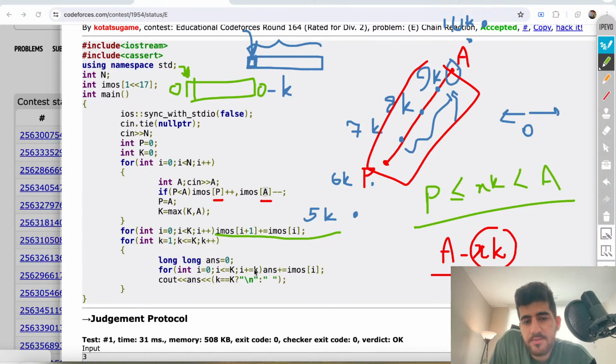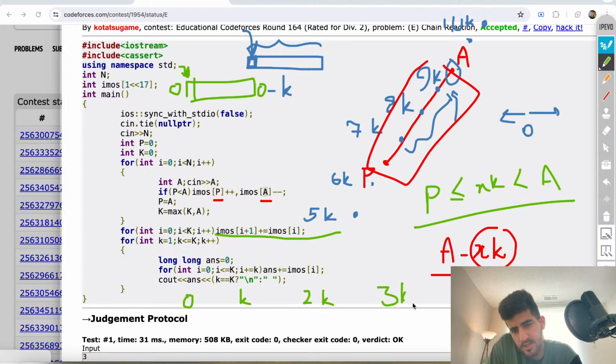So I start from 0, and each time I add K to I, and I consider 0, K, 2K, 3K, and so on. If you see in here, the effect of each of these intervals starts from P and ends at A. So all the numbers in these parts will be increased by 1.